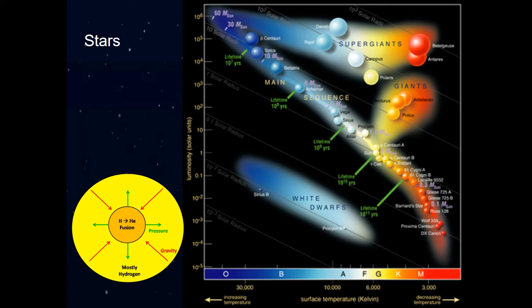And of course, the bigger the star, the more matter and more mass it has, the more fusion is going on, and the bigger it's going to be, and the more gravity has to rein it in. So a lot of these factors are the same, whether it's a little star down here like Wolf 359, or up here with Beta Centauri. Either case, the function is largely the same.